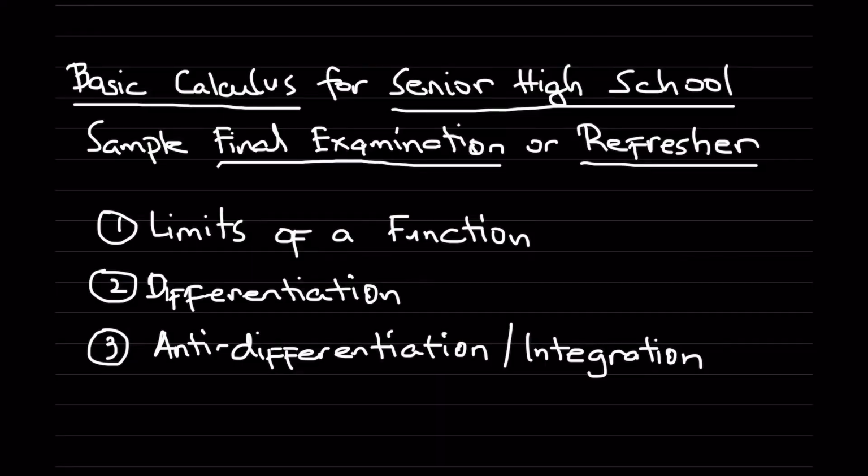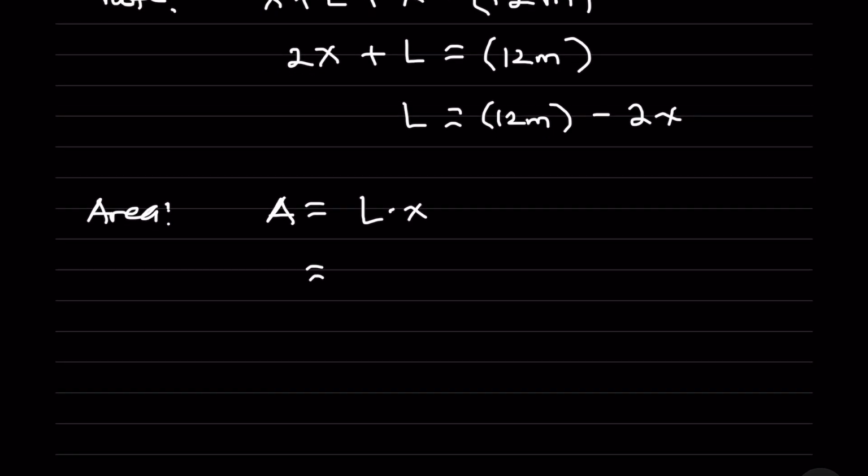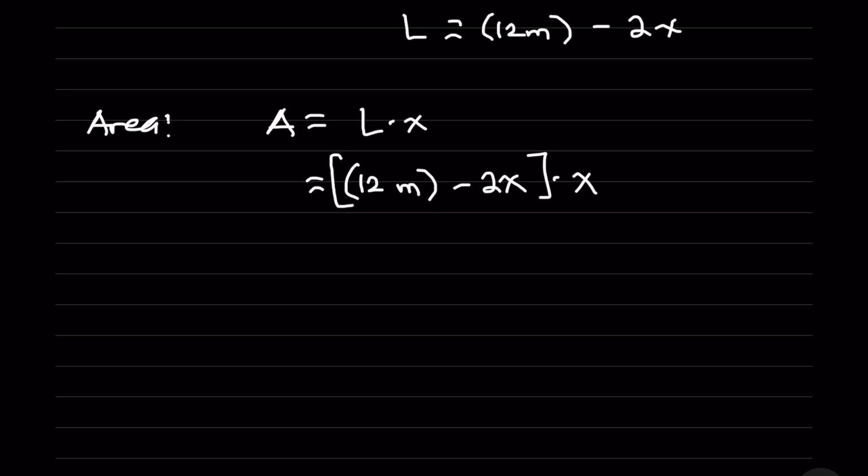So to find the area is simply length times width, or L times x. So we substitute the equation for L. You have 12 meters minus 2x times x. That is the equation for the area.